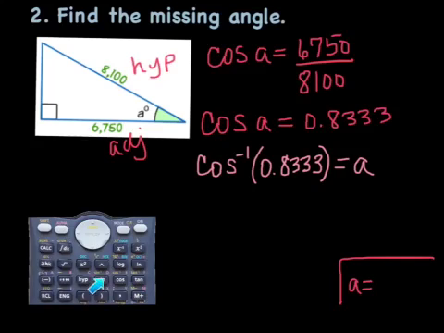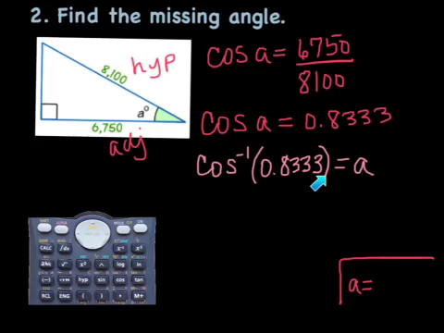So if you look here, here's inverse cosine. So you push shift, inverse cosine, then your number. Okay, so let me go ahead and do that. And we're going to put 0.8333. I'll just go ahead and use the rounded number.